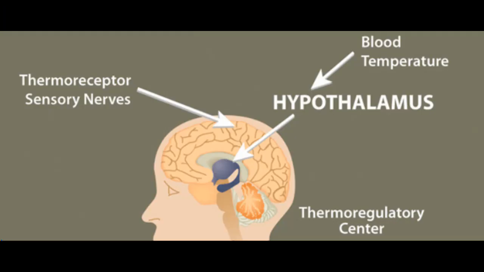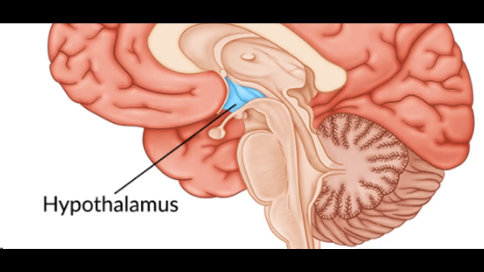The part of the brain controlling this temperature fluctuation is in the hypothalamus, because the hypothalamus has the temperature regulatory centers, called thermoregulatory centers.